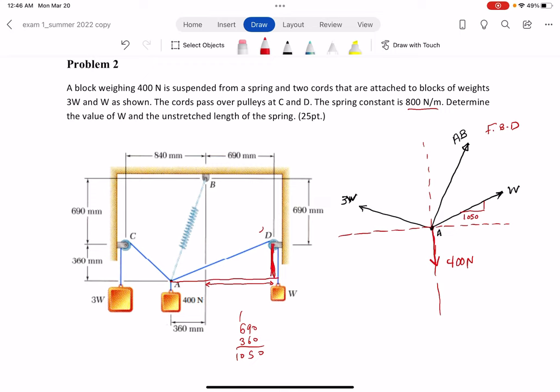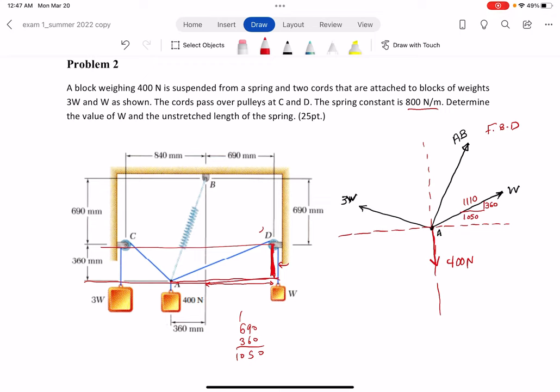What is this height? If you go the other side, it's almost 360. If you do 360 squared plus 1050 squared, that gives you 1110.